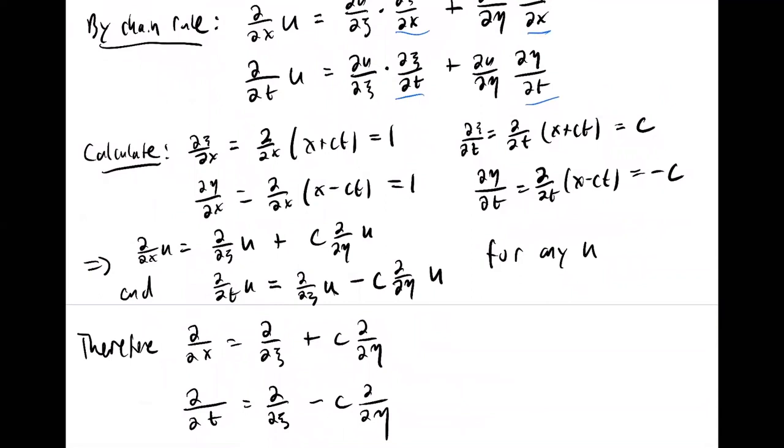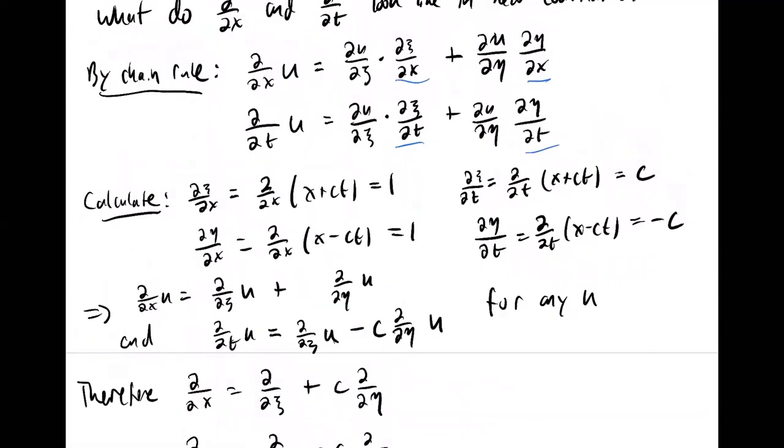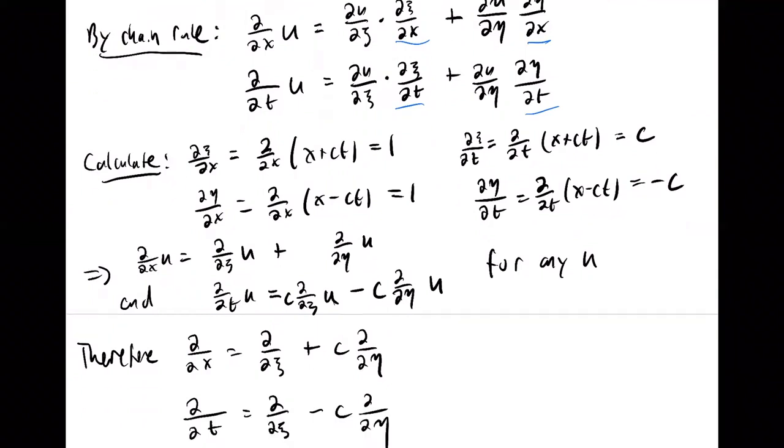Oh, excuse me. I just realized I made an algebra mistake here. When I looked at the derivative with respect to x, remember d eta dx was just 1. So this should have been a 1. And then there should be a c in front of here. Right, because d xi dt was equal to c, and d eta dt was equal to minus c. So sorry about that.